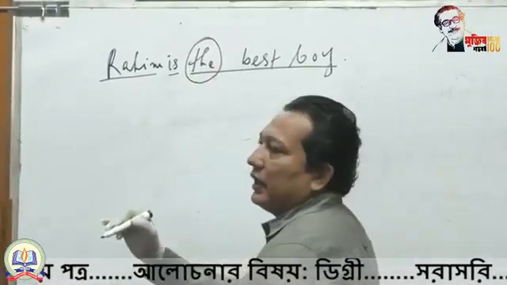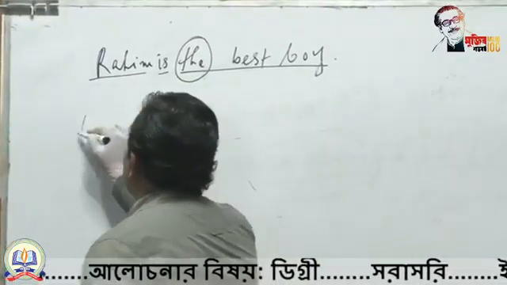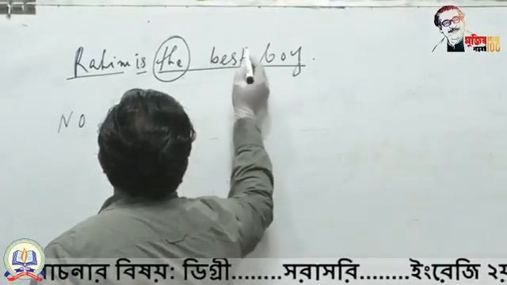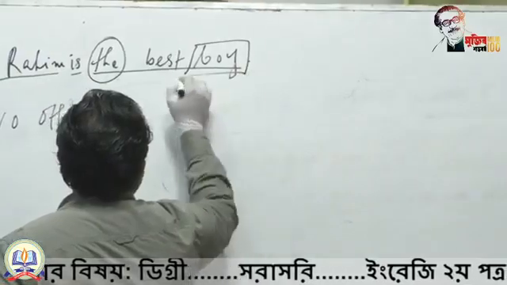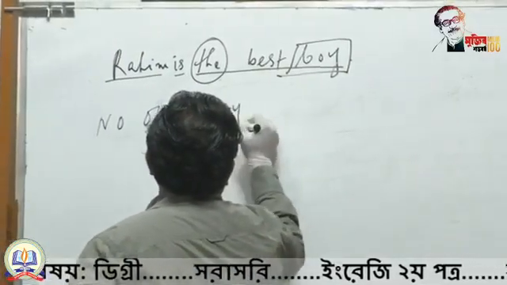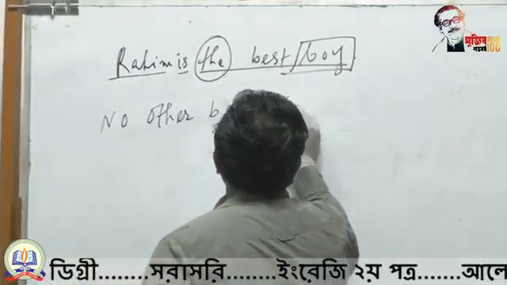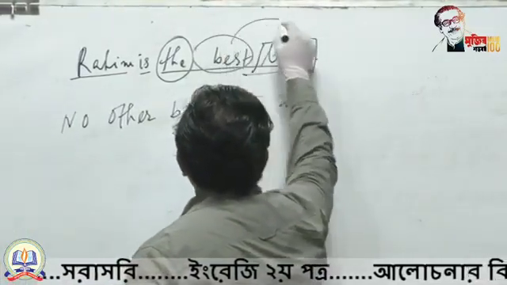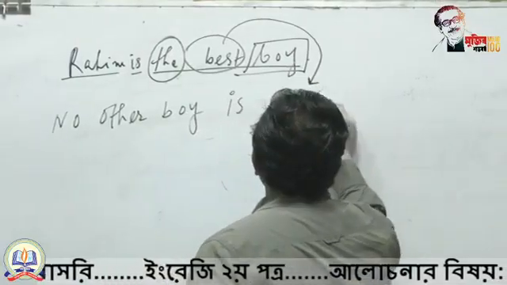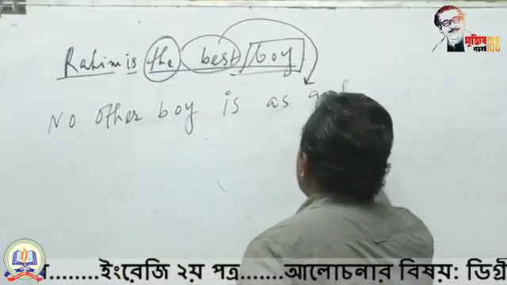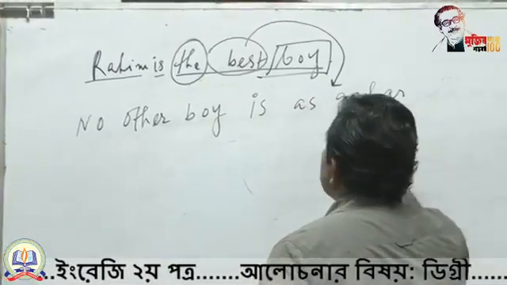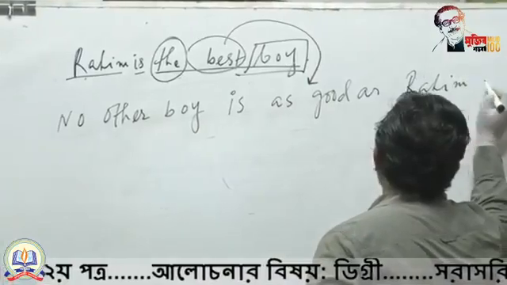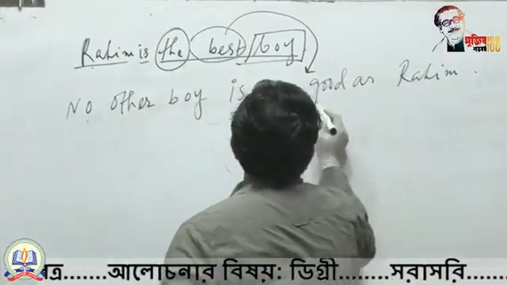That means for making positive degree, we will use "no other." This is the extension, "no other boy." Then verb "is," then "as." Then we have to use the positive form of this superlative form, "good." And then of course you have to use again "as," then subject, Rohim. That means no other boy is as good as Rohim.